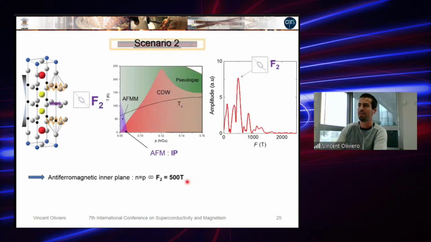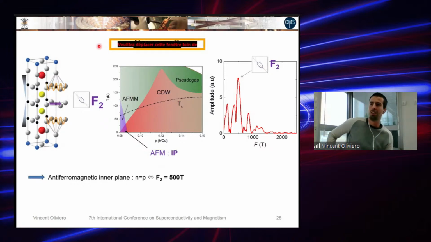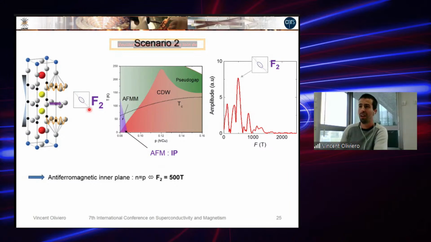This leads to the second scenario, where we take into account the characteristics of multilayers. The main characteristic is the doping imbalance between layers, as I presented in the first part of this talk. What we can assume is that we have doping imbalance in Mercury 3 plane, which is very general, and that the inner plane is less doped and is in an antiferromagnetic order.